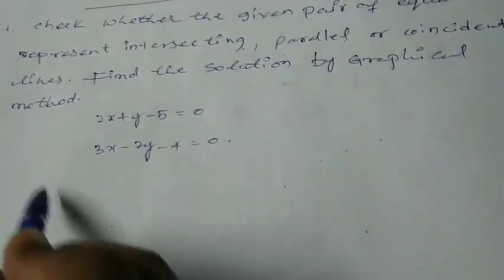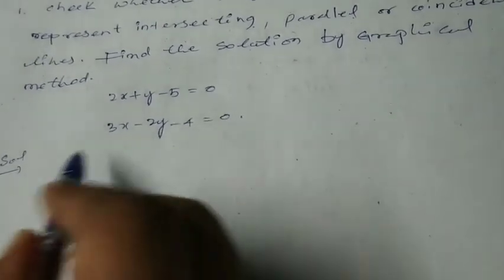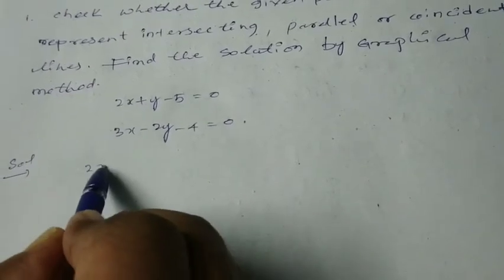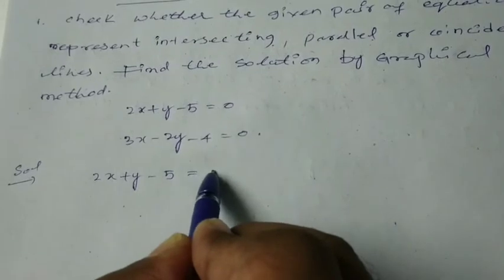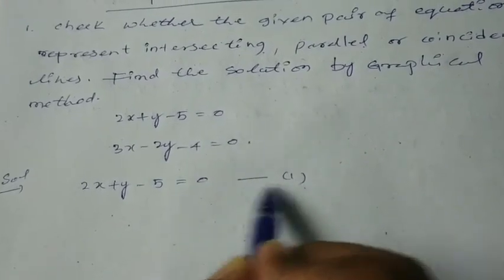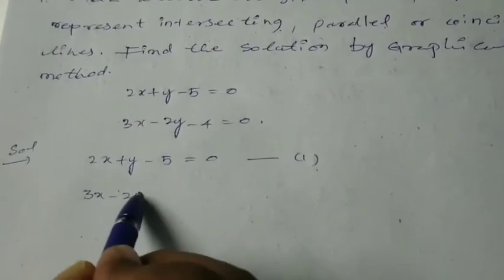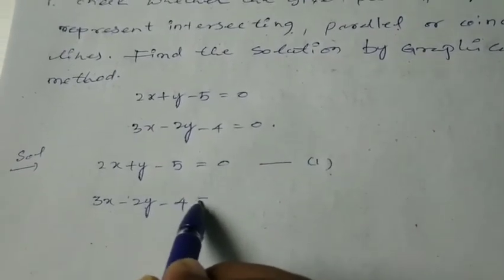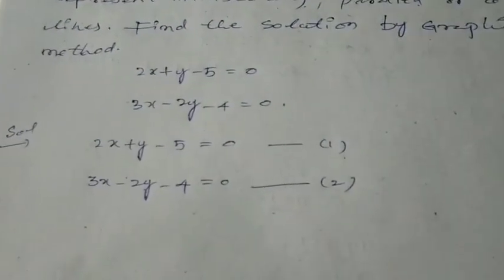These are the given pair of linear equations. The first one is 2x plus y minus 5 is equal to 0. This is the first equation. The second one is 3x minus 2y minus 4 is equal to 0. This is the second equation.